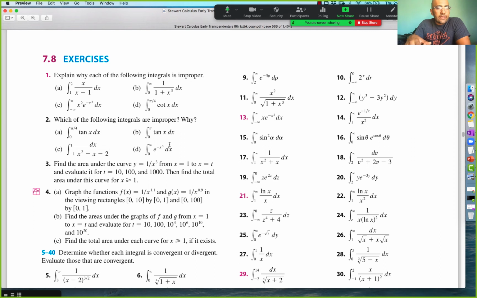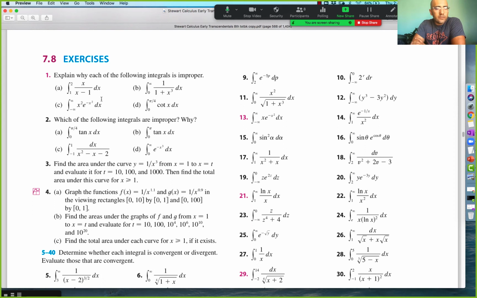Okay, 7.8. Let's flip through some of the problems in the homework and maybe try a couple. Explain why each of the following integrals is improper. Okay, so let's look at number 1. What's wrong with it? How do we know that this is an improper integral?